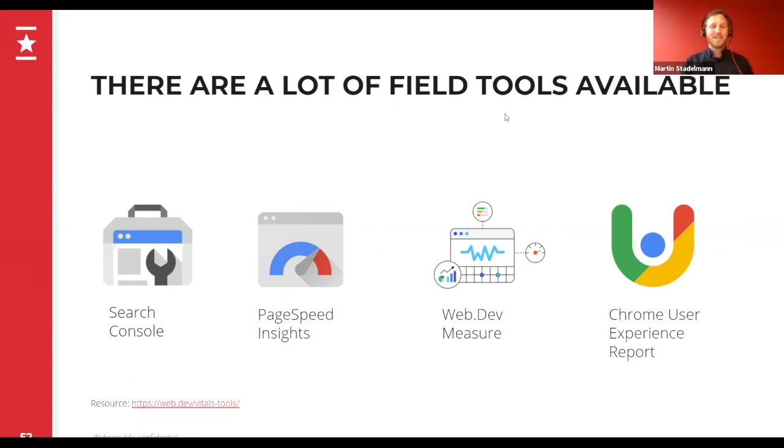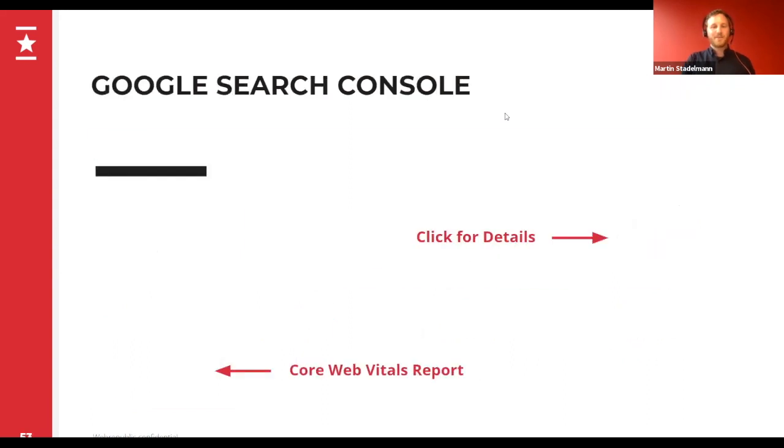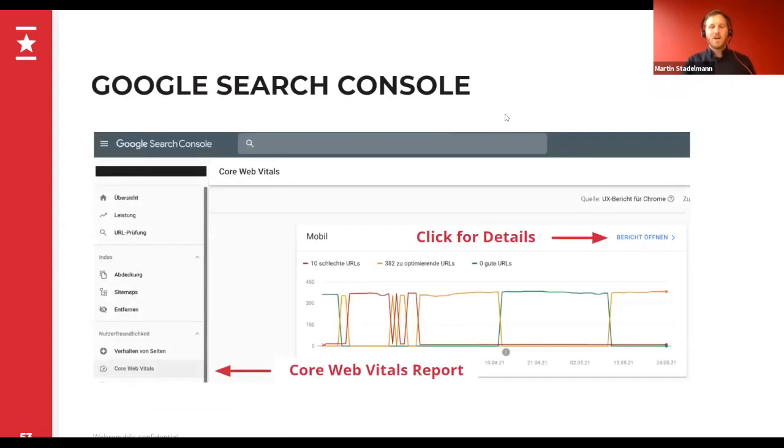There are a lot of field and lab tools available, actually. We have picked out 4 of them to show you how you can use them and where you can start out optimizing your Core Web Vitals. All these tools have in common that they use field data, and they specifically include the measurement of the 3 Core Web Vitals. So starting out with the Google Search Console, within the Google Search Console, you can find the Core Web Vitals report.